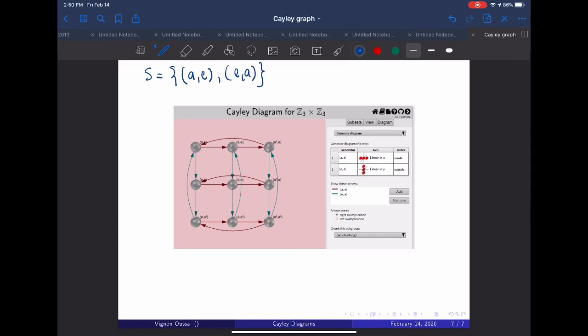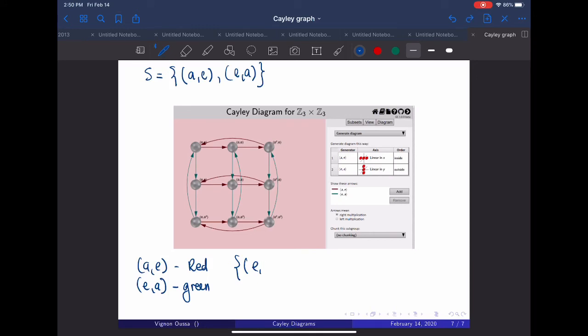Okay, and for AE we will use the color red, and for EA we will use the color green. Now if we take this set here, it has 9 elements.